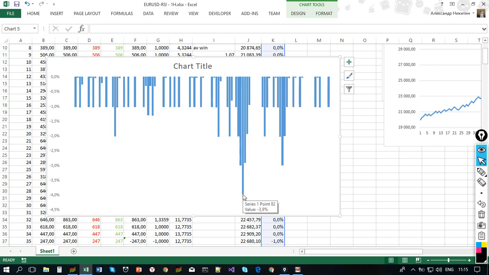And now think about it for a moment. You have generated 55%, and your largest drawdown was only 3.9. Well, let me put it this way.